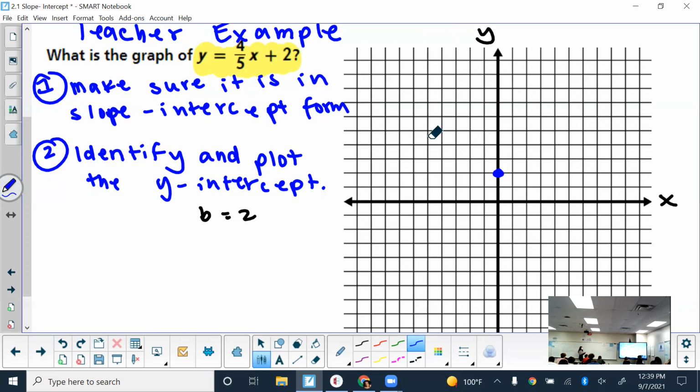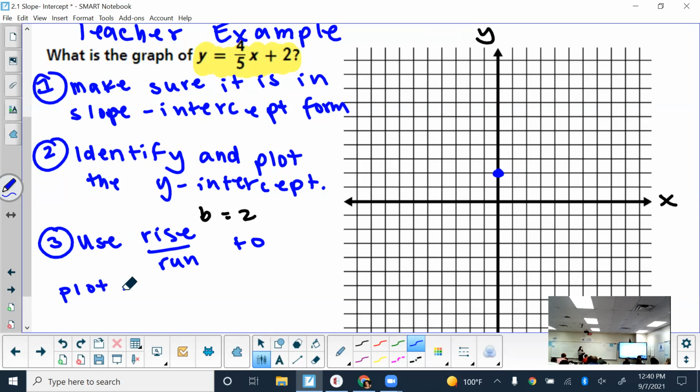So plot your y-intercept at 2 on the y-axis. And then we're going to do step 3, which is to use rise over run to plot the next point.